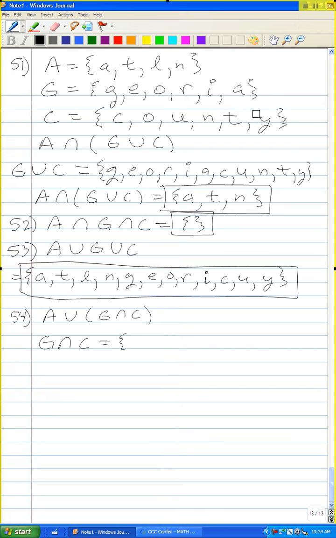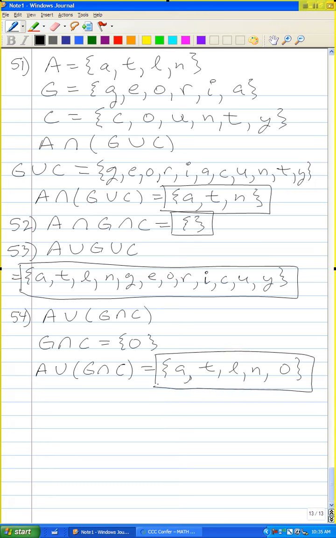G, no. E, no. O, there's an O. No R, no I, no A. So just O. And so let's do A union G intersect C. And so A, T, L, N, O. And that's the union.